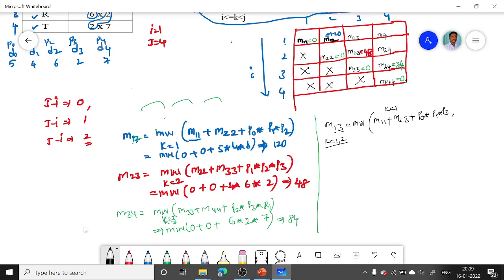In the same way, for K there is one more possibility. That is nothing but if K equal to 2, so I want to change the color for our convenience.